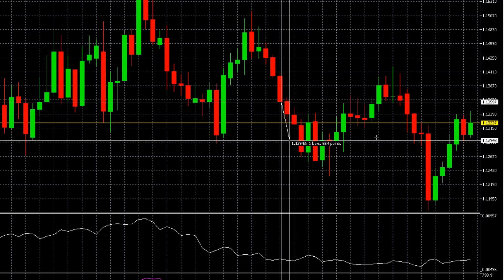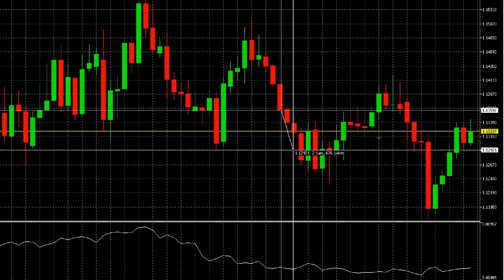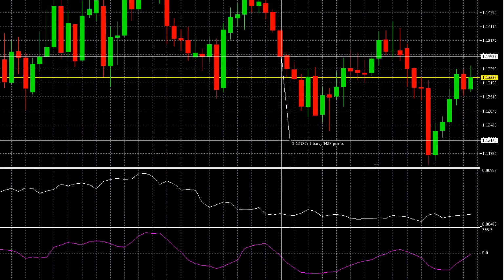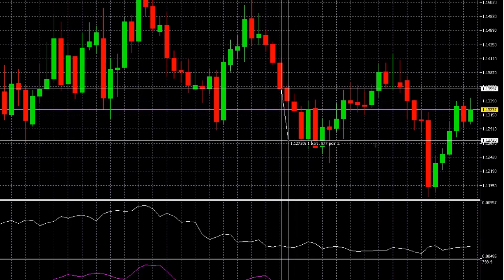So 654 points means 65 pips, 416 points means 41 pips, 1,427 points means 142 pips, 877 points means 87 pips. So we've got to keep that in mind. It took me a little bit to figure that out, but that's just the way it is.